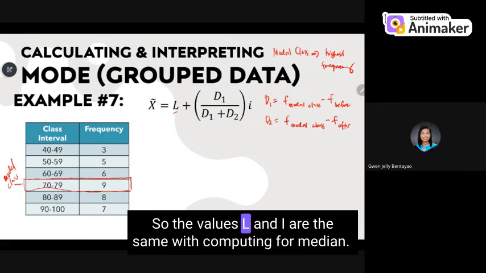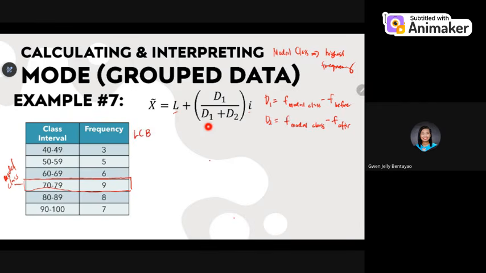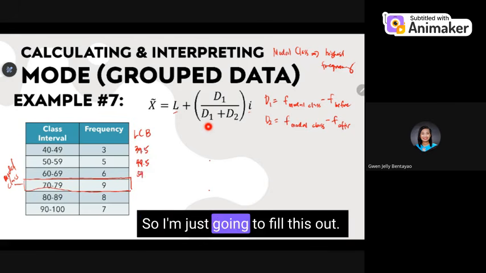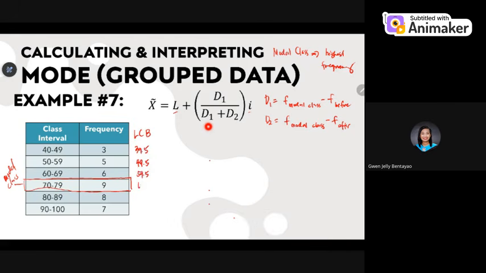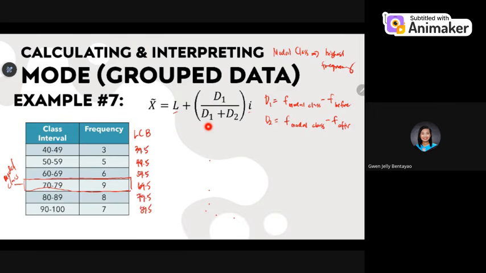So the values L and i are the same as when computing the median. i is still the class size, and L represents the lower class boundary. We have solved this previously, so I'm just going to fill this out. This is 69.5, this is 79.5, and this is 89.5.